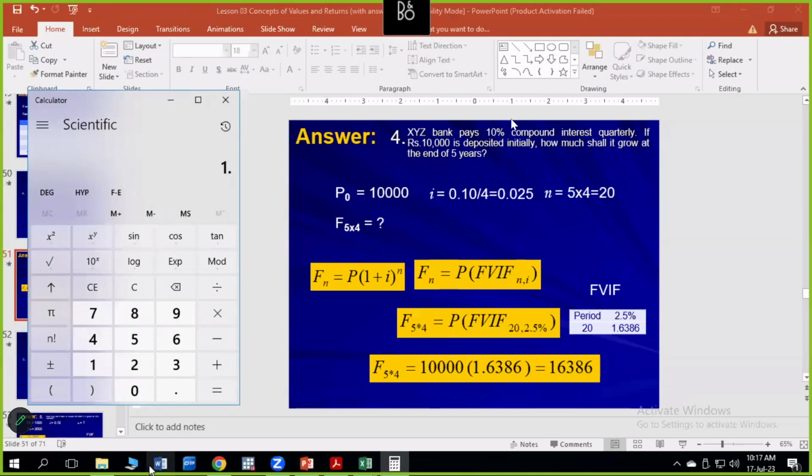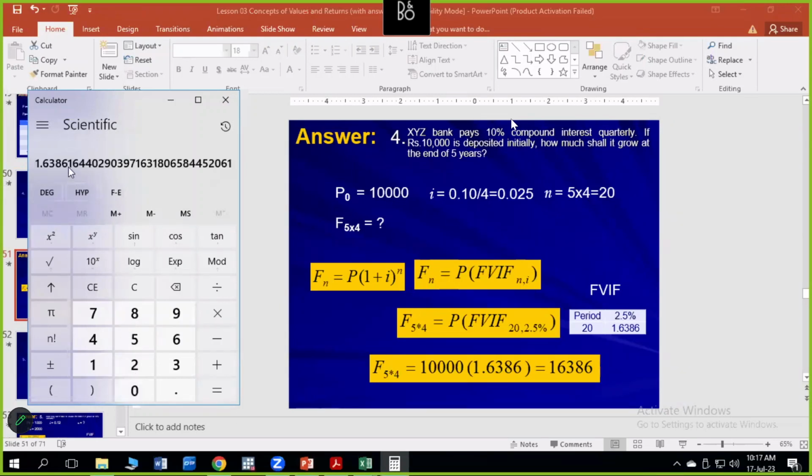So how can you do that? 1 plus 0.025, 1 plus 0.025 to the power 20.